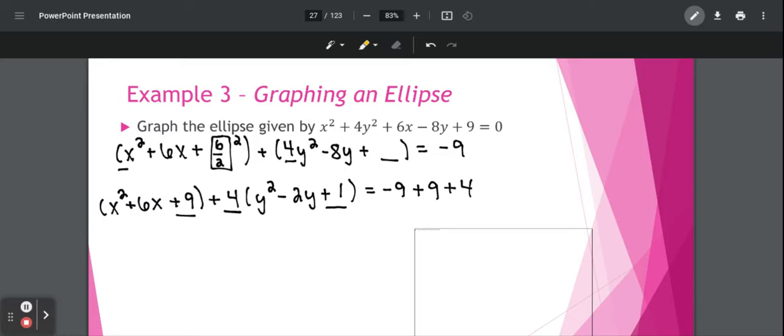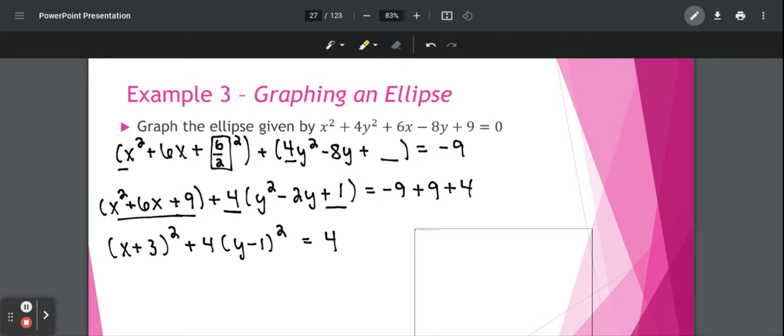And so now when we factor this, we get x plus 3 squared, right? Because x squared plus 6x plus 9 factors into x plus 3 times x plus 3. And then we have plus 4 times y minus 1 squared equals 4.